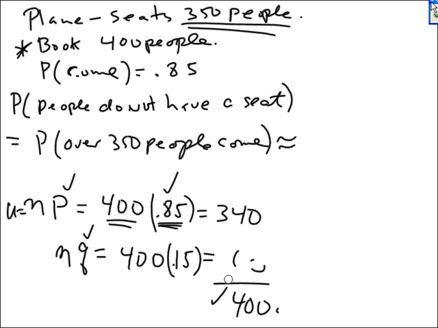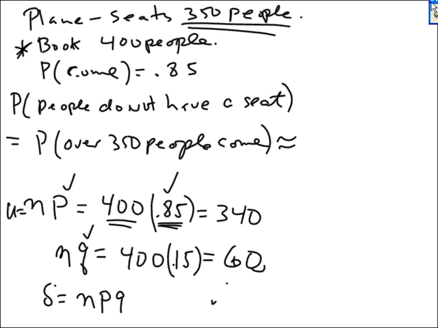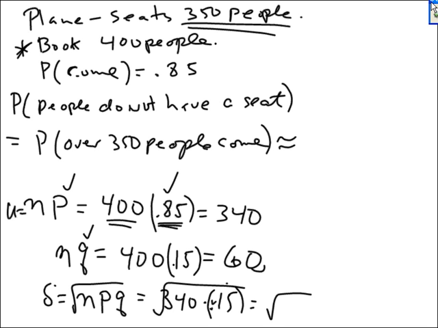Okay, so now we're almost ready to talk about the normal distribution with the graph and all, but we need to know sigma. Sigma is the square root of NPQ. NP we happen to know. Multiply that in your calculator by 0.15, and you would get 51.